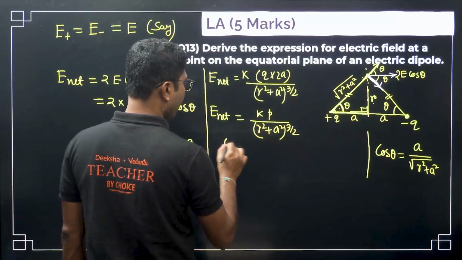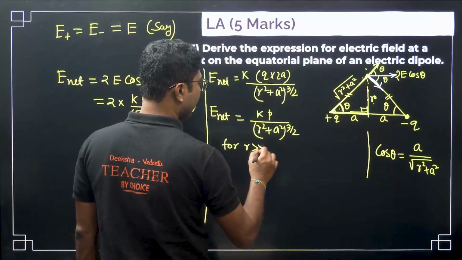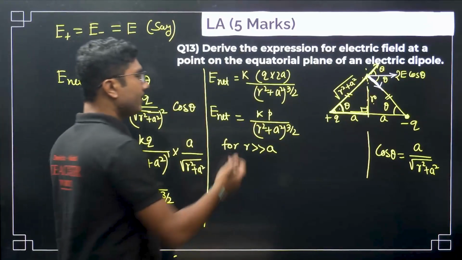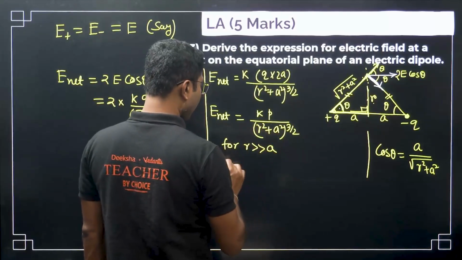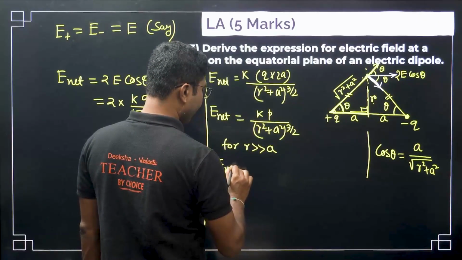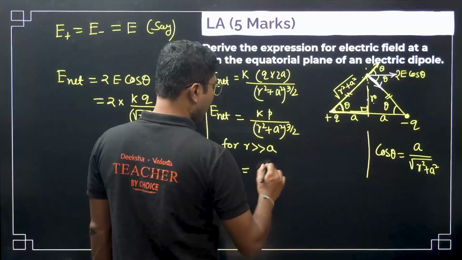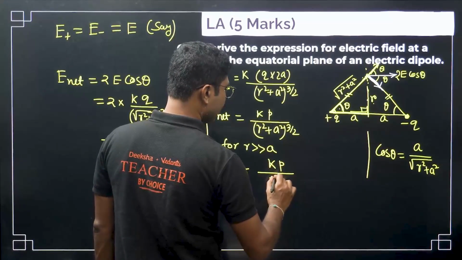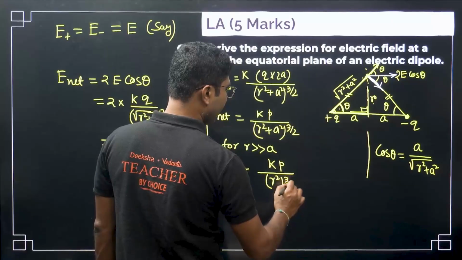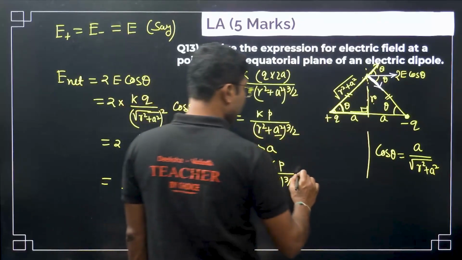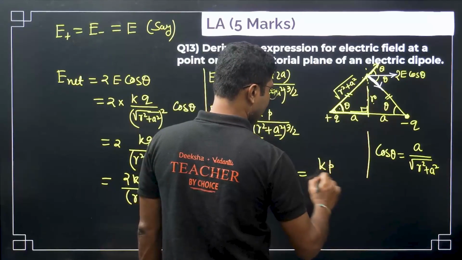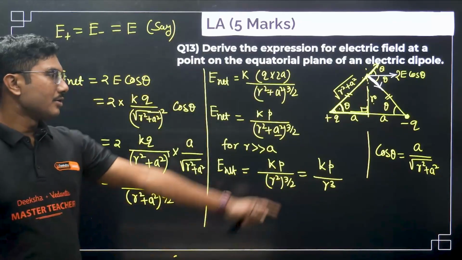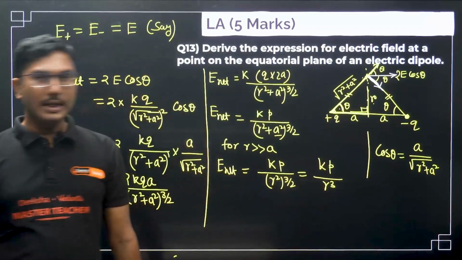Now for r very much greater than a, obviously r will be greater than a, right? So we can write the net electric field as kp divided by r square to the power 3 by 2. We ignored this a square, so kp divided by r cube, so these two cancel, and we are left with kp by r cube.